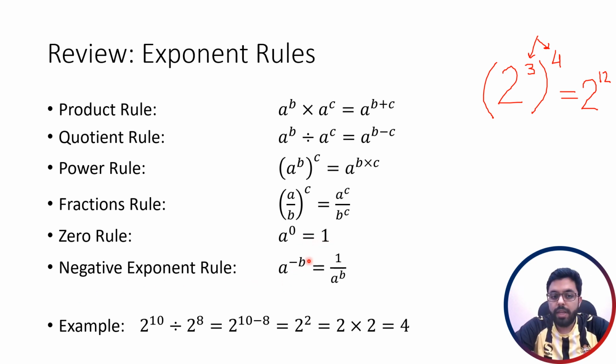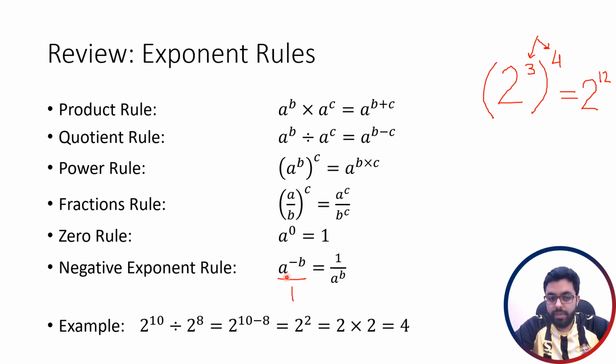So if you've got a negative sign in the exponent, then you can rewrite the whole thing by taking that whole power, and if it was the numerator of a fraction, you chuck it into the denominator of a fraction. Remember that this thing is really the same thing as that, right? If you divide something by 1, you haven't changed it. So this is a fraction kind of in hiding.